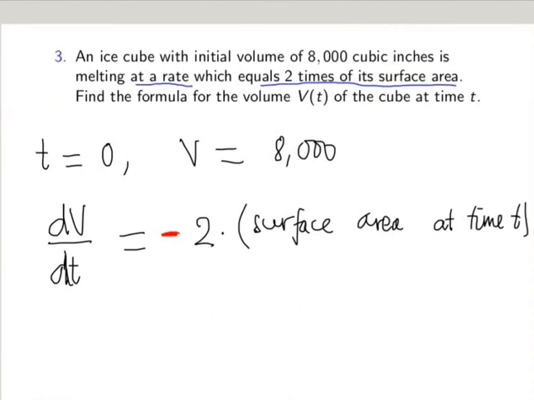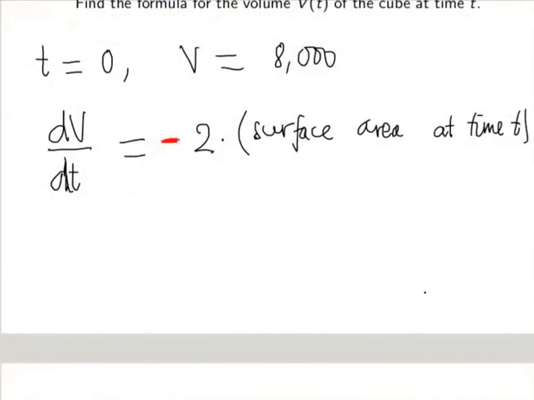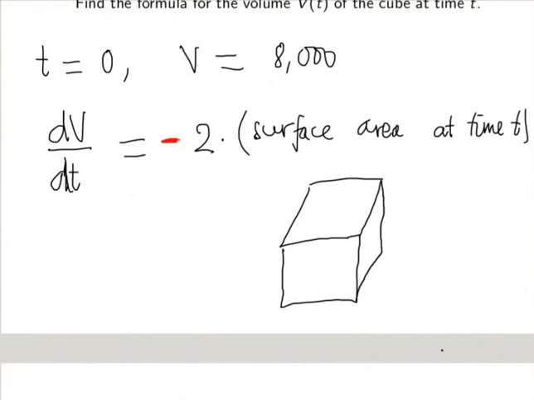All right, so let's see how to write out the differential equation. Let's draw a cube here. What I'm drawing here is not the cube at initial time 0, but a cube at a certain time t positive.